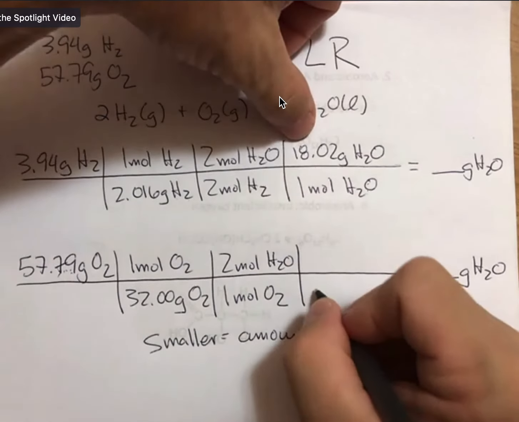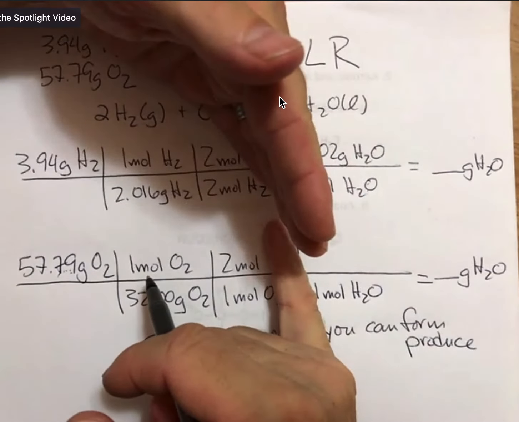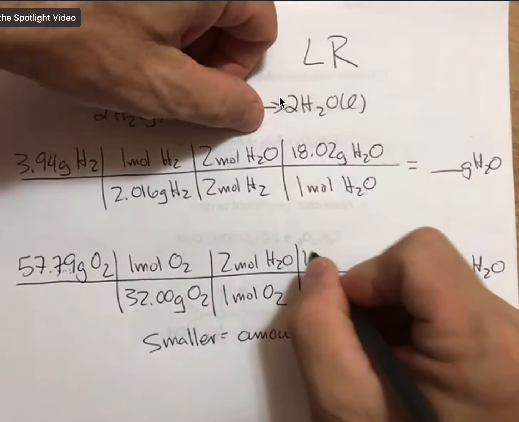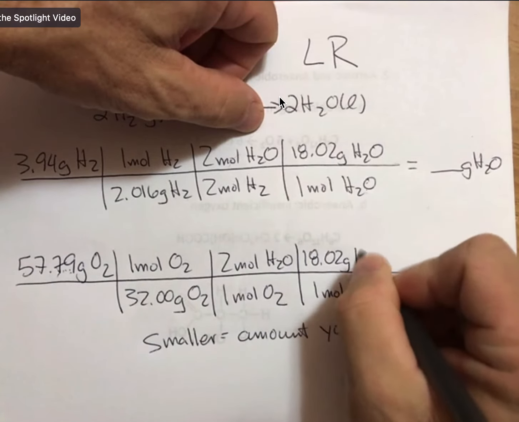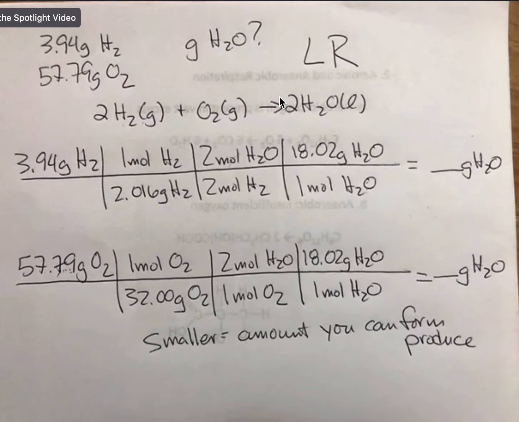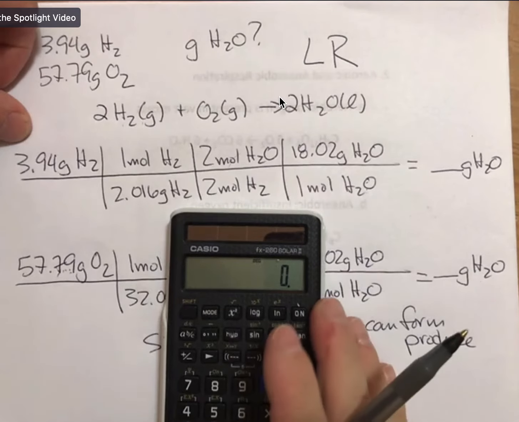And then the last step's the same. Some students just stop here, find the mole answer, and then only do the last gram part once. But this is the way I do it. This is the way I've memorized it, and I think it makes sense to me, which is where you need to be. All right, so let's do the math for this top part.